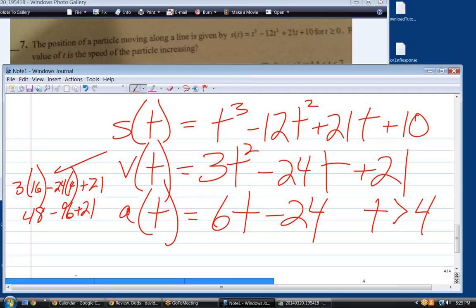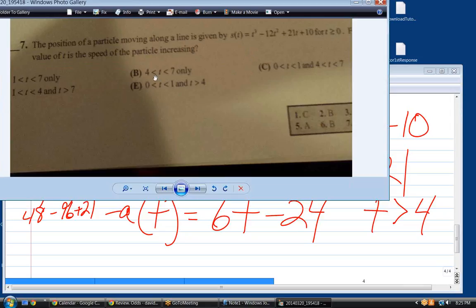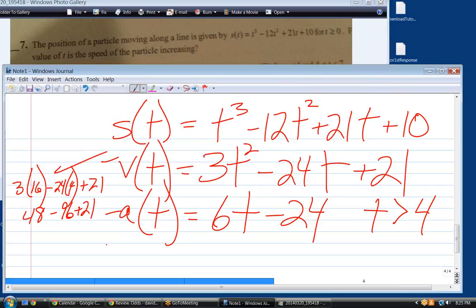So t less than 4 gives us a minus-minus. So that means it's going positive. So t has to be less than 4, or greater than 7. I didn't consider 7. 7 is where the velocity turns positive. You watch.